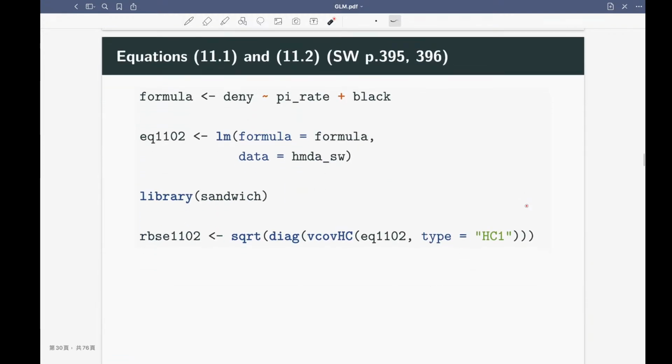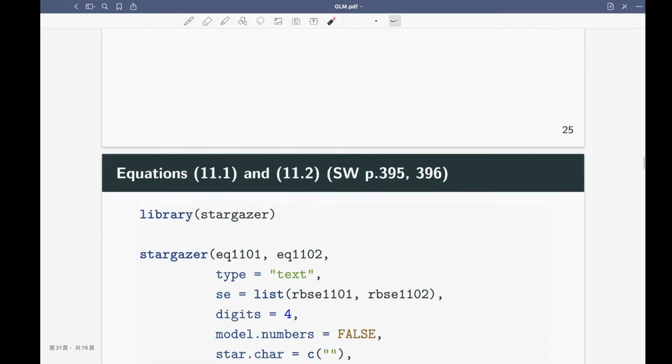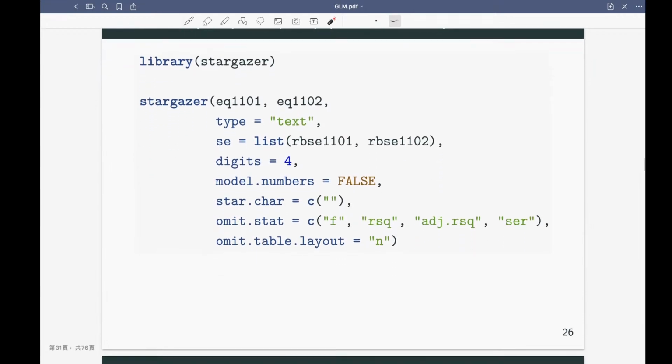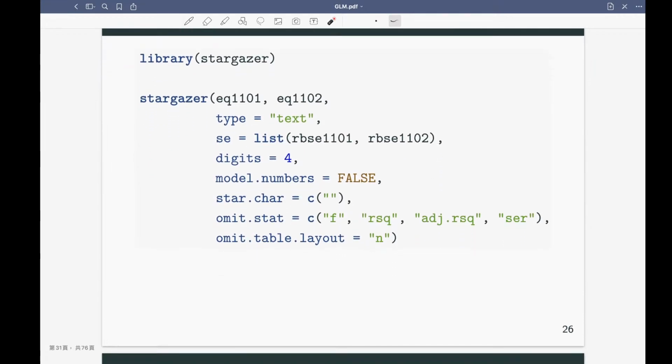And next we use two regressors to run the regression. We do the same thing, but we change the formula of the model. In the end, we use stargazer to get the output in one table. This is the one regressor model, and this is the two regressors model.